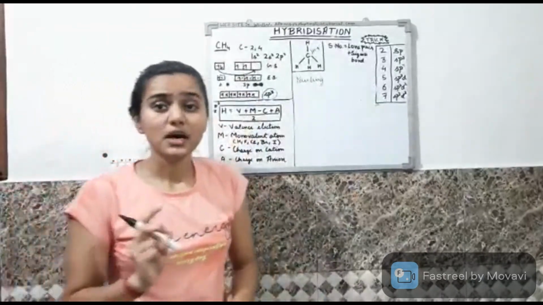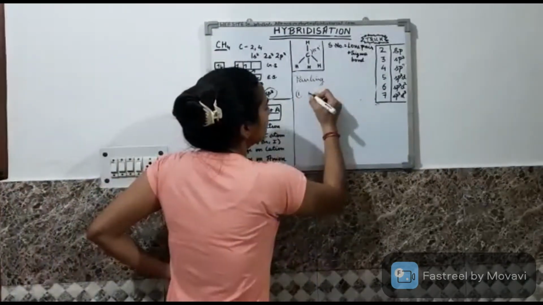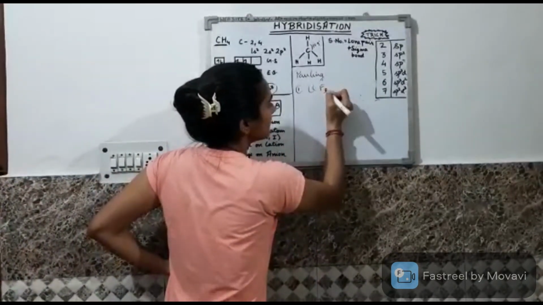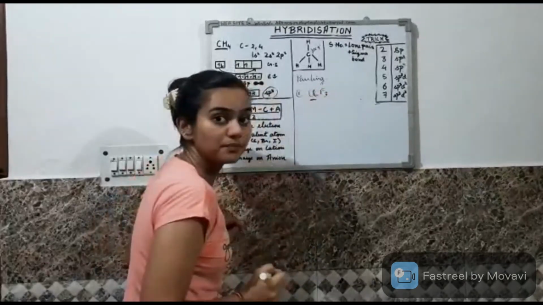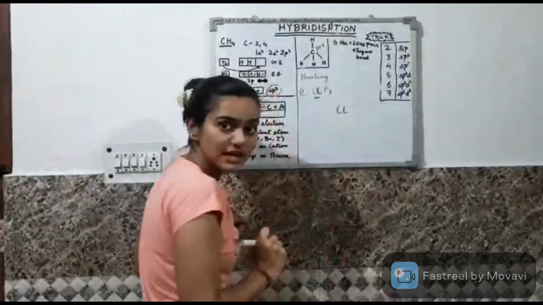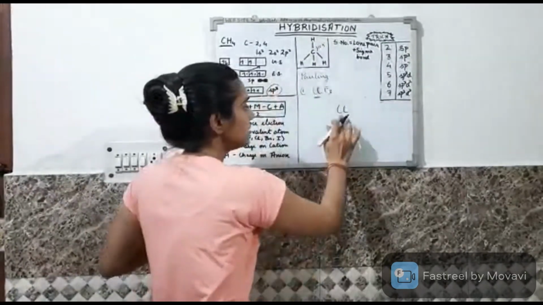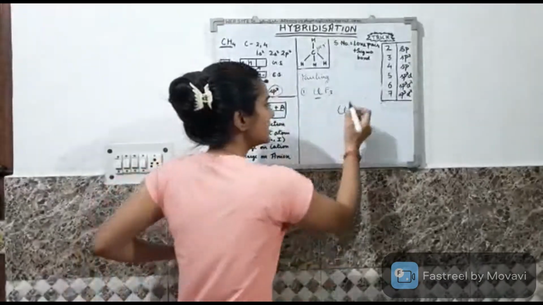Simple. Now I'll give you some examples of the same. First example, ClF3. Here the central atom is Cl. So draw the central atom, write Cl. Now chlorine has how many valence electrons? 7.